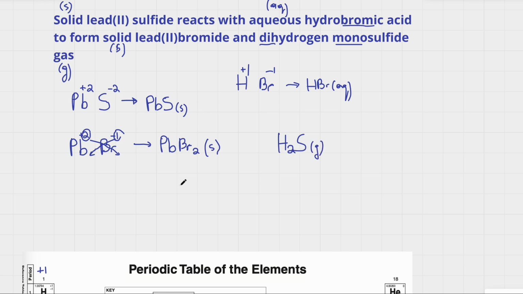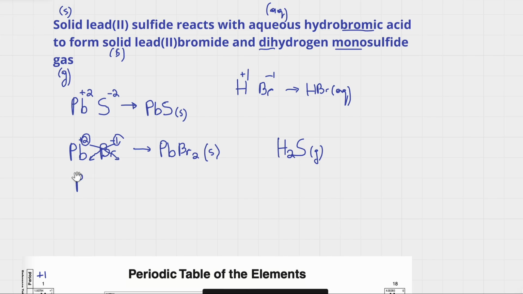Now that I have all of these formulas, my equation becomes, let's give it a quick second so my board can reload. There we go.